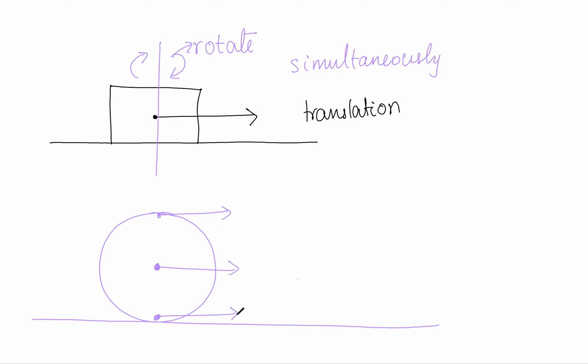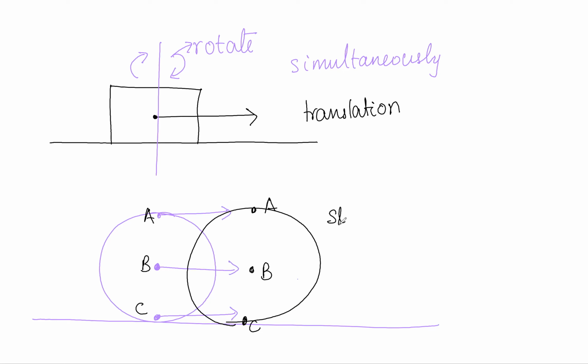If you take three points on the wheel, A, B, and C, and put some color on them, then after some time the entire wheel is going to end up a little bit ahead. This will be C, that will be B, and this will be A. We call this motion slipping or pure sliding. The wheel is sliding. In other words, the entire wheel is basically translating forward.